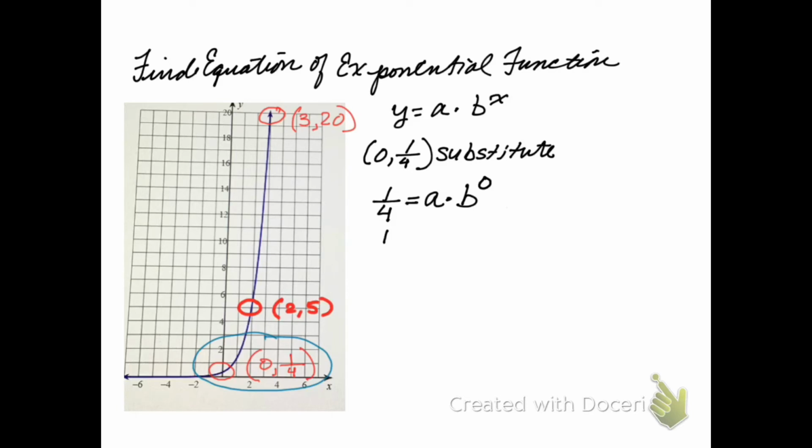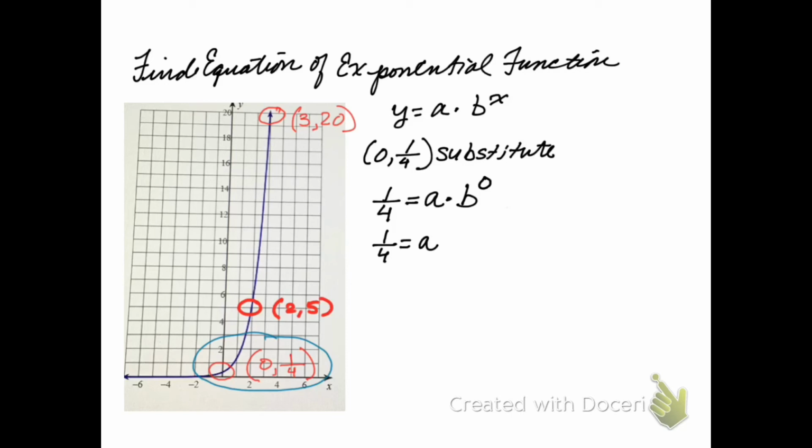You can see that this yields a equals 1/4. Maybe you're noticing that this is really helpful if I have a 0 for x, because if you look at that factor there, b to the 0 will always turn out to be 1, and then I'll just have a. So it's convenient if I can say to some degree of accuracy what the y-intercept is, because that's a really efficient, easy calculation. Just find a.